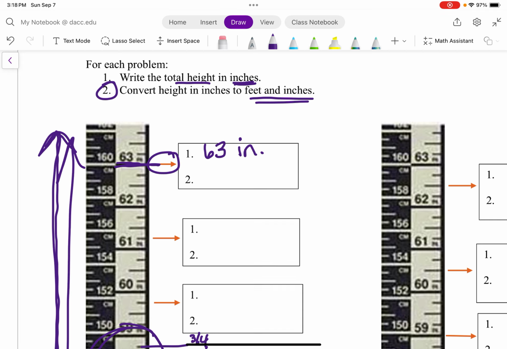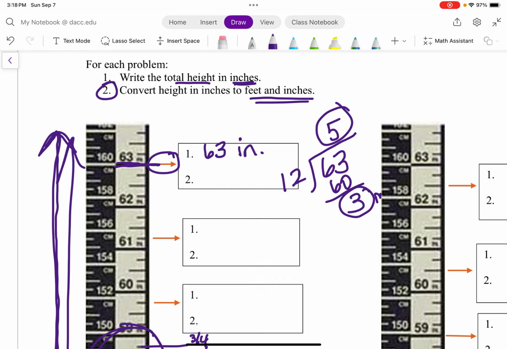So the same thing that we've done on the very last couple pages. 63 inches divided by 12 inches in a foot. That's going to be 5. That's going to get us 60. And so then we have 5 feet, leftover 3 inches. So we're going to have 5 feet, 3 inches. And again, you can write it like method 1 or method 2.